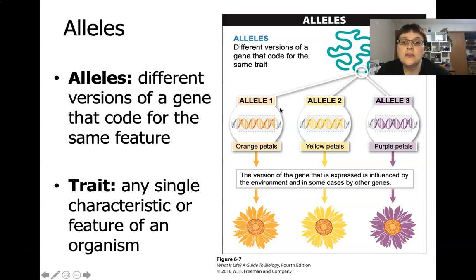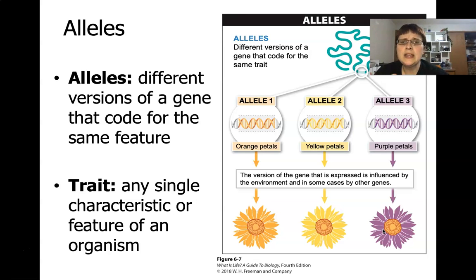Okay? So the gene itself is the same in the sense that the gene is making the coloring for the petals, but the allele is going to make the petal color orange in this one, or yellow in this one, or purple in this one. And I don't know if this will help make a little more sense, but think about genes like recipes for cookies.